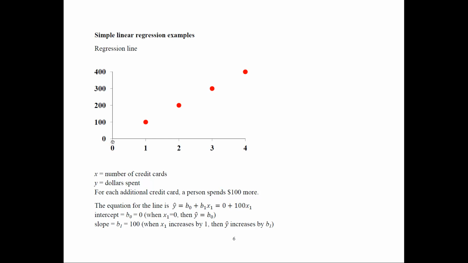So that's why when x1 is equal to 0, y would be equal to b0, which would be 0 in our case. The slope b1 would be equal to 100. So when x increases 1 unit from here to here, y hat would increase by b1. So it will increase by 100 units here. So again, this is a very simple example of a simple linear regression.